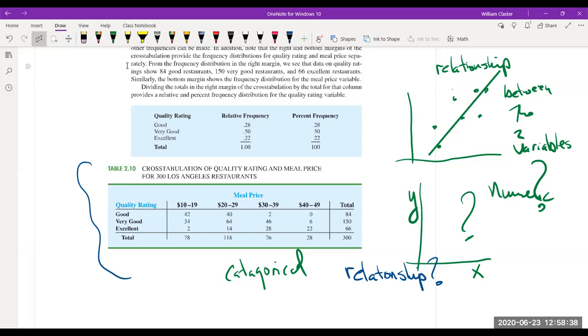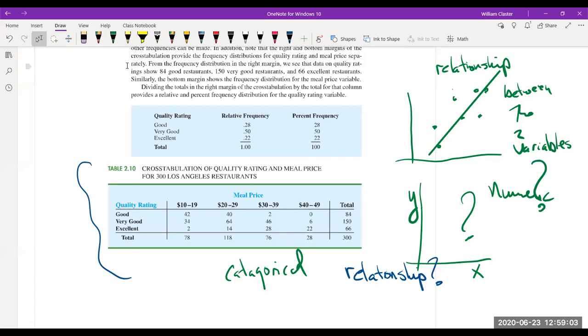All right, if we were to use this cross tabulation of quality rating and meal price, I would assume that we would be looking at the highest number in the column for total. The highest number is 150 elements, the quality rating for that is very good, and the price for that is also the highest.